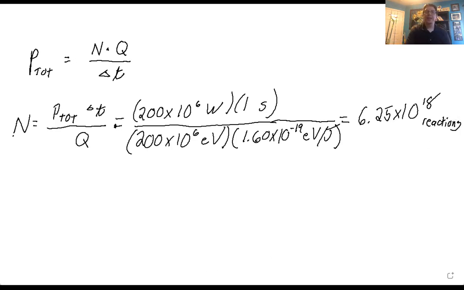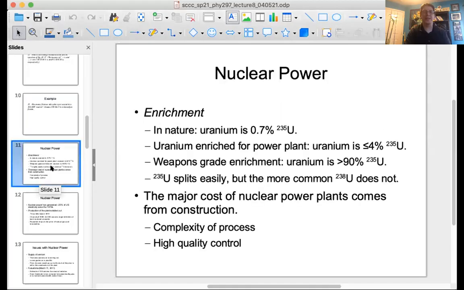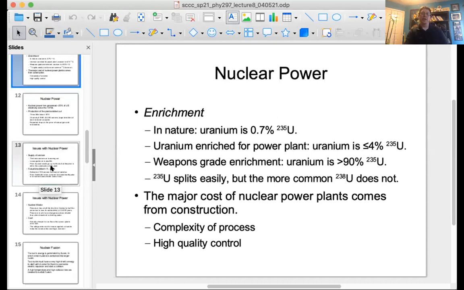Okay, so let's talk a little bit more about fission before we move on to fusion, in some practical terms. With nuclear power, in nature, uranium is about 0.7% uranium-235. Uranium-235 is the isotope that we want. The other uranium isotopes don't split as easily or with the same amount of energy released.